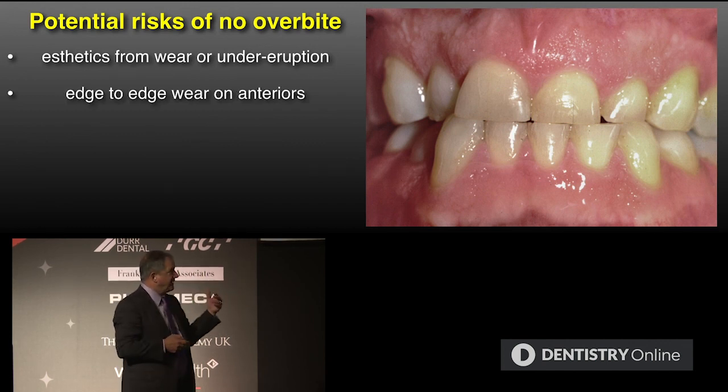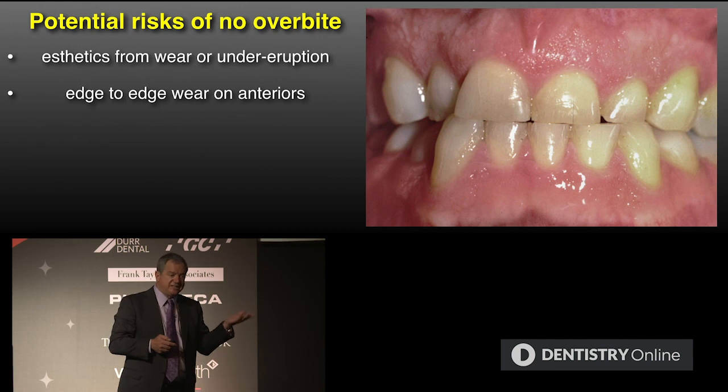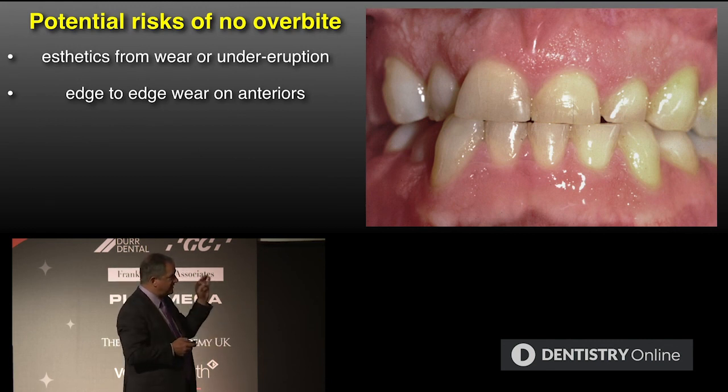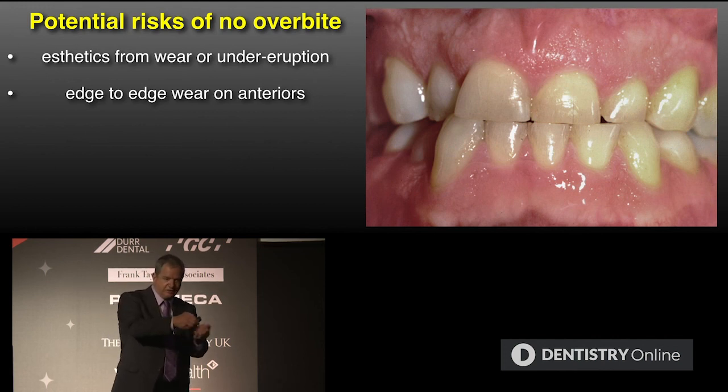Number two, edge-to-edge wear. If you restored them and leave him end-to-end, those patients do have a tendency to chip edges. So you really have to do what I showed you earlier, where you make really broad, smooth occlusal relationships so they can just slide all over on them.